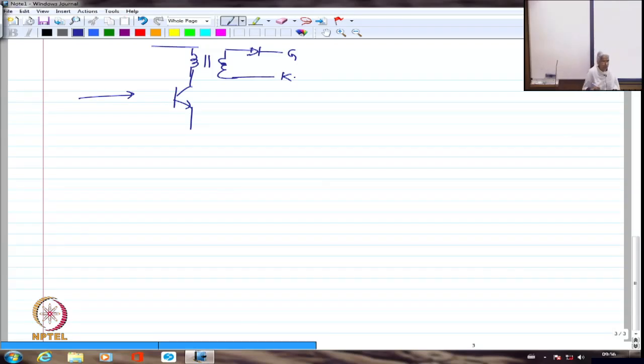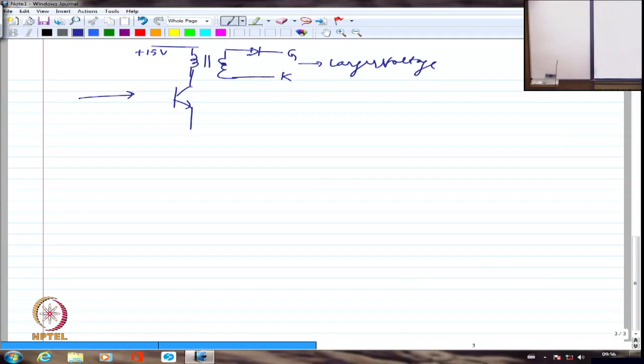This is how I had shown, right? So this is all 15 volts or 5 volts, all the electronics, microelectronics. Whereas gate and cathode clearly is connected to larger voltage and larger current, larger power levels.